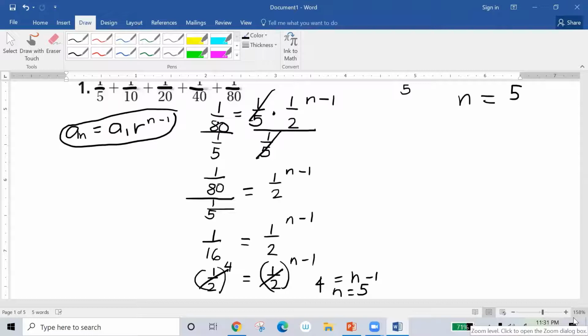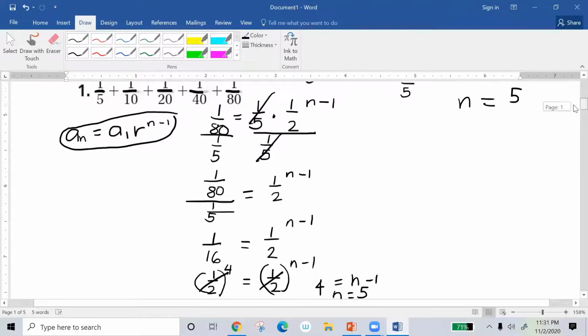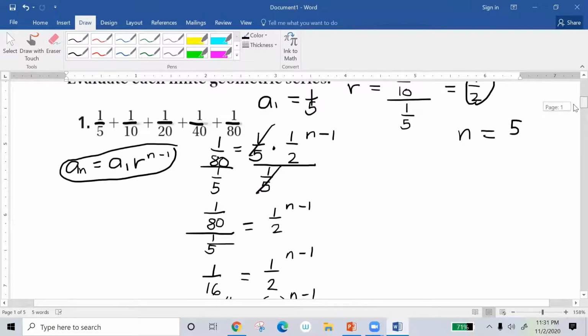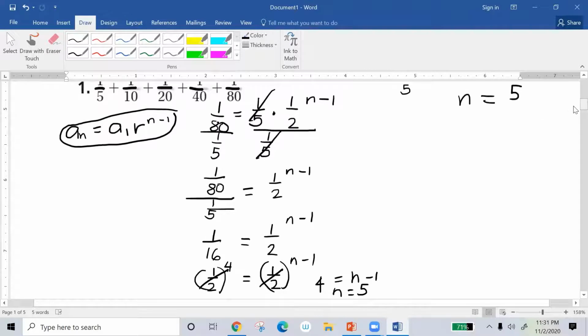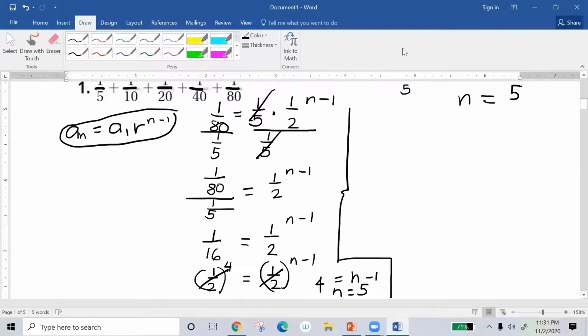Now this is the time we will use the sum formula. Okay, what is our formula?